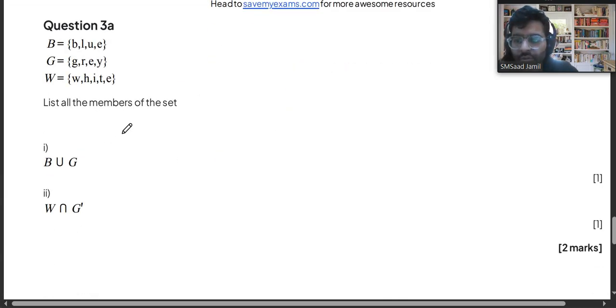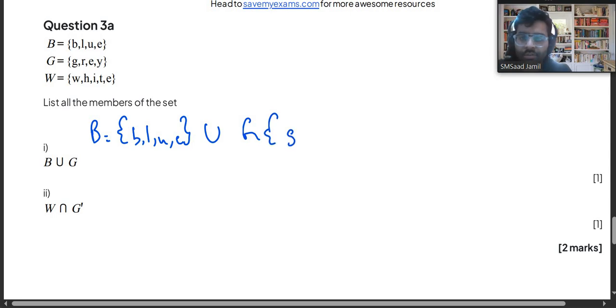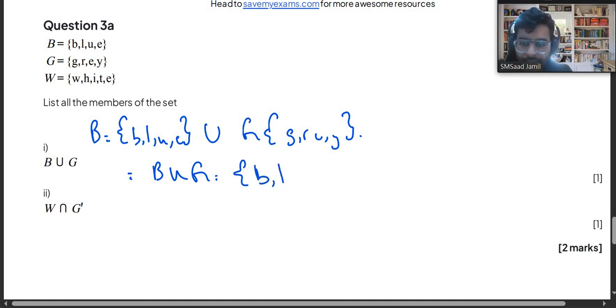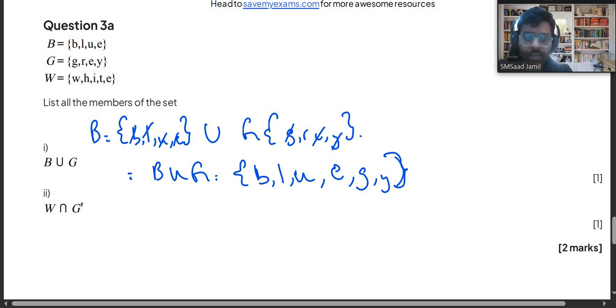Now moving on to our next question. It says list all the members of the set B union G. Okay, let's write B. It's B L U E. Union G. It's G R E Y. So B union G would be B L U E G Y. So this will be our answer.